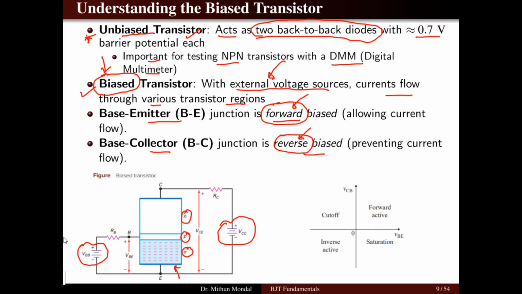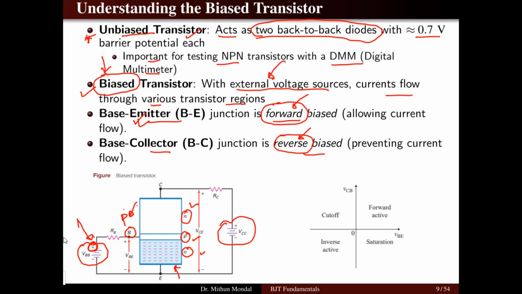So here, this is an NPN transistor. The base has holes as the majority carriers, and it should be positive, because we want forward biasing for the base-emitter region. Forward biasing means that since the base is p type, you will have the positive of the source connected to the p type.